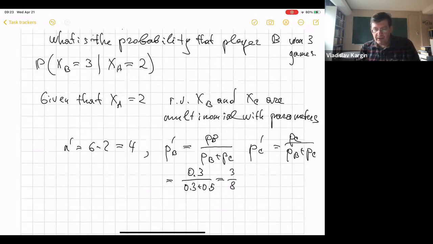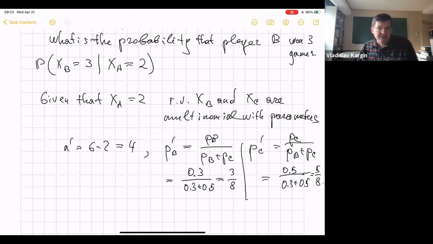The second one is P_C, which is 0.5, divided by 0.3 plus 0.5, so it's equal to 5/8. So the new probabilities are 3/8 and 5/8.